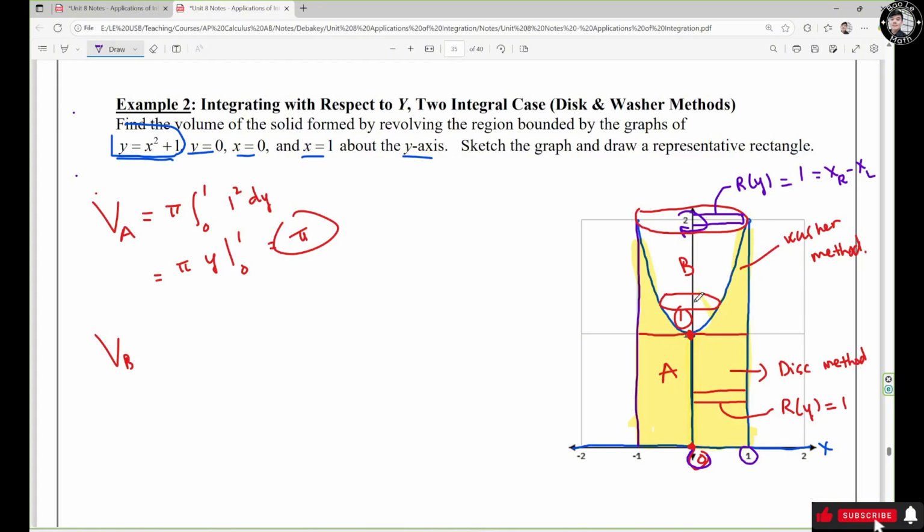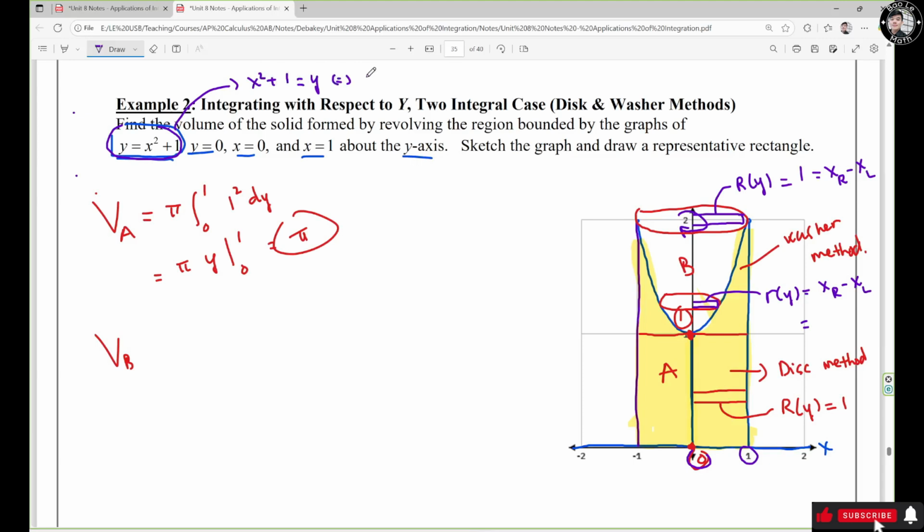Now, the smaller radius is right here. This one is little r of y equals x right subtract x left. It's going to be x right is the quadratic right here. So we have the quadratic, it's going to be y equals x squared plus 1. We need to rewrite this one in terms of y. So I have x squared plus 1 equals y.